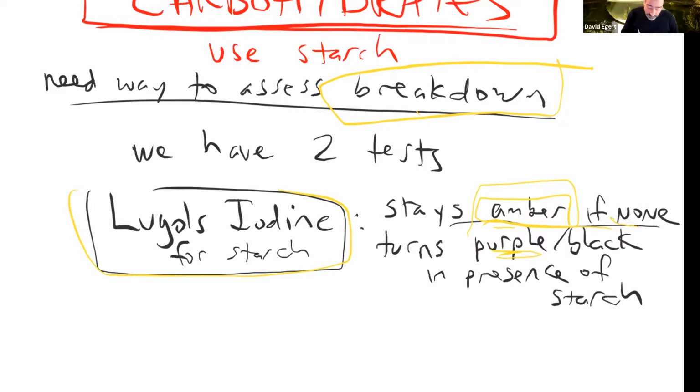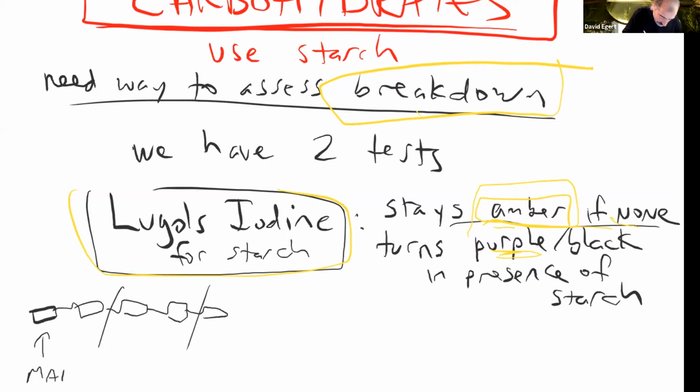The enzyme that we're going to use from your saliva is called amylase, or salivary amylase. It doesn't break it down to individual glucoses. It breaks it down into shorter chains. So for instance, this would be a maltose. Maltose is like two glucoses.